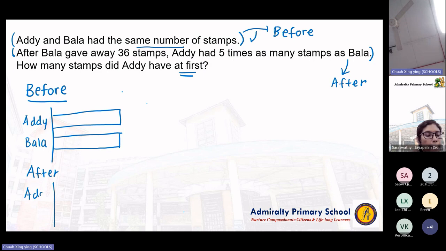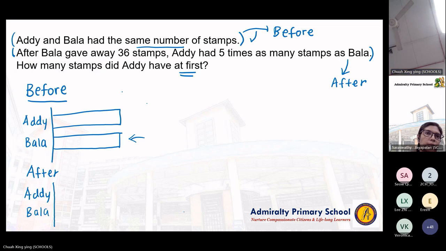When we are drawing the after model, we make sure that they have the same starting line as the before model, so as not to confuse the children. So after giving away 36 stamps, who gave away? Bala gave away. So some parts from this particular bar have to be taken away.